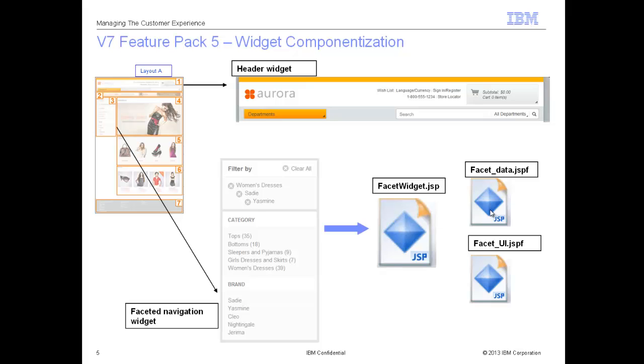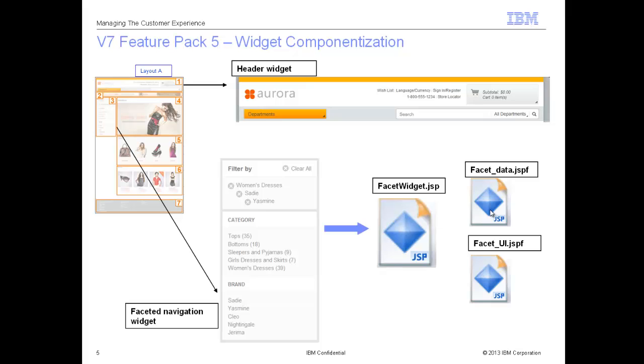So in the data fragment, we'll call up to WebSphere Commerce APIs, be it data beans using the get data tags, or any other means that you need to retrieve data for the widget. The data is retrieved in that data JSP, and then it sets up some variables that can be easily consumed by the UI JSP fragment.